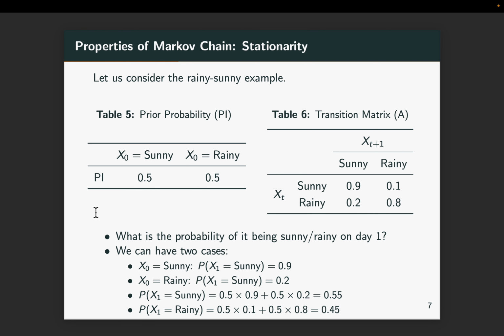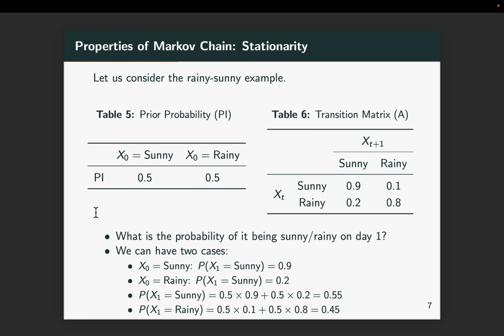So we have two cases. If x0 equals sunny, then the probability of x1 being sunny is 0.9. For that, we have to look at the transition matrix. If x0 is rainy, then x of t plus 1 being sunny is 0.2. We know these things. But the probability of x0 being sunny is 0.5 and the probability of x0 being rainy is 0.5.